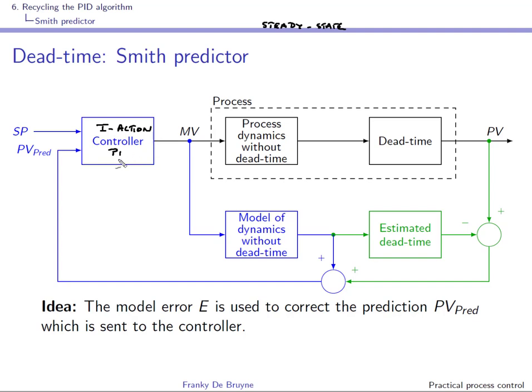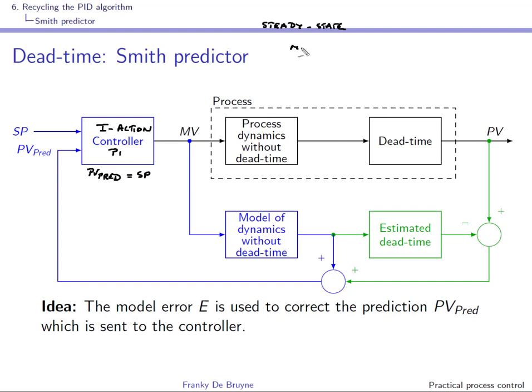If we reach a steady state, since we have integral action, we'll have that the predicted PV is equal to set point in steady state.